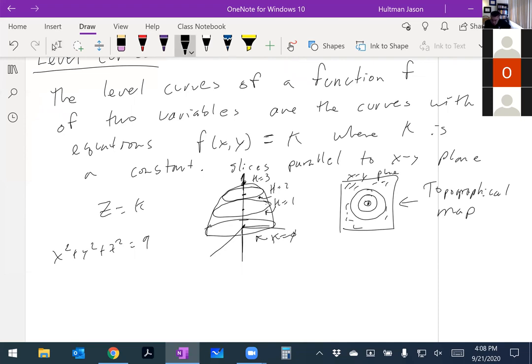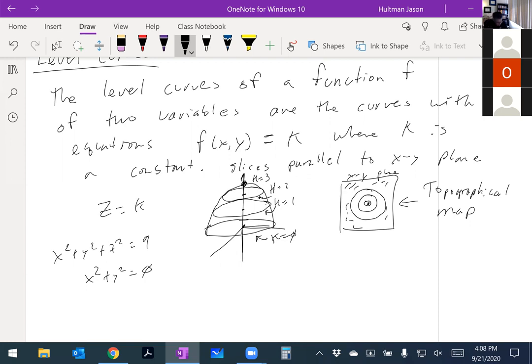If we let that be 3 squared, which is 9, then the whole thing would become x squared plus y squared equals 0, which is a circle of radius 0. Which means that at the very top of this thing, that slice, which we're now calling level curves, on this topographical map, would just be a single point.